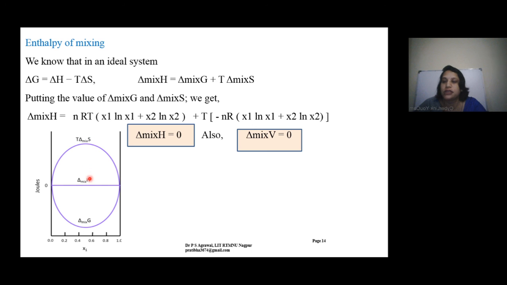You just have to calculate one, you can find the other property, and you can simply write down delta H and delta V as 0 and 0. Just take care of the proper units. So likewise, in the exam, you are able to solve the problems on this unit.